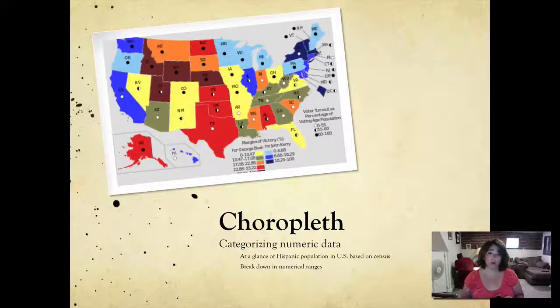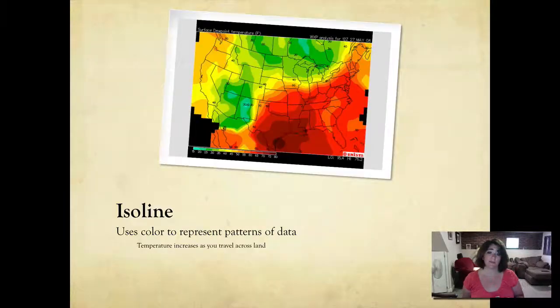Even on just a glance, if we understand the key, without even understanding the numbers, we see that the highest Hispanic population is right there in Texas and Oklahoma, much less so in New York and Maine. So this is giving us insights that we don't necessarily have to fully grasp all of the data. We still get the idea that it's trying to depict.